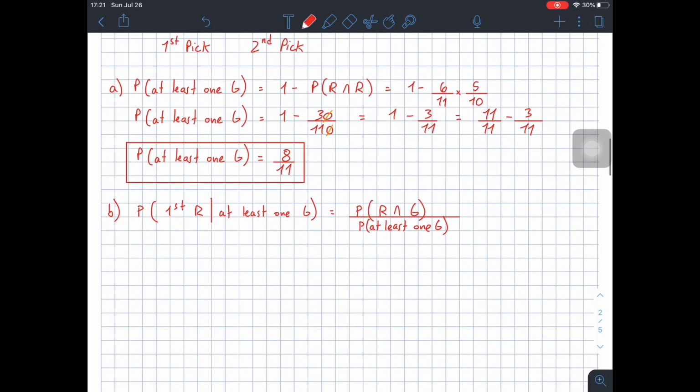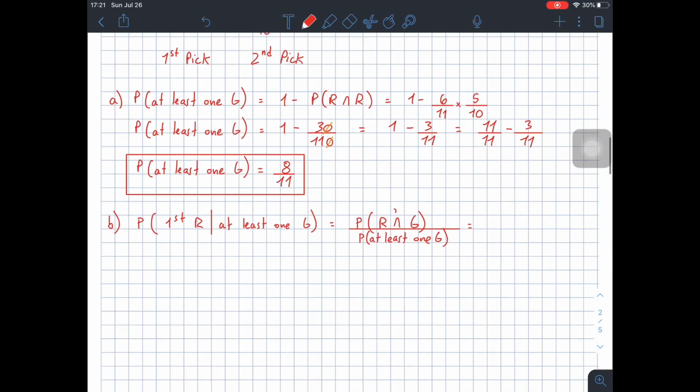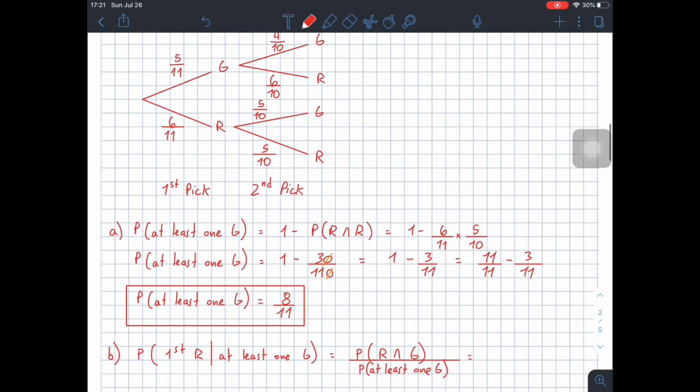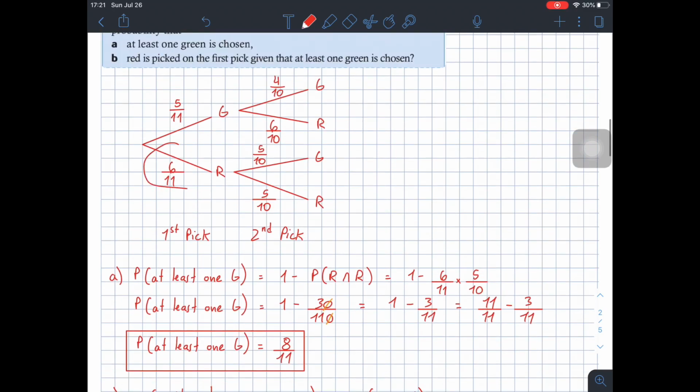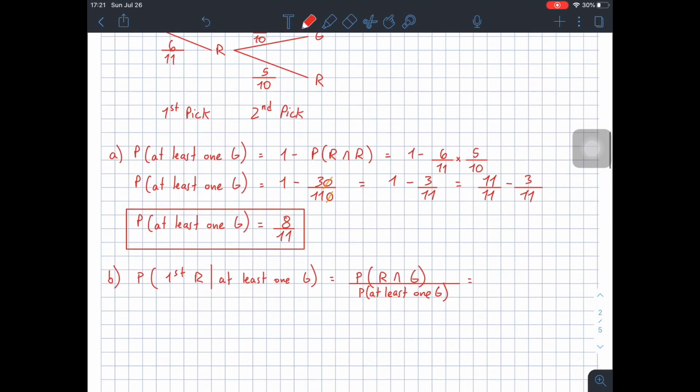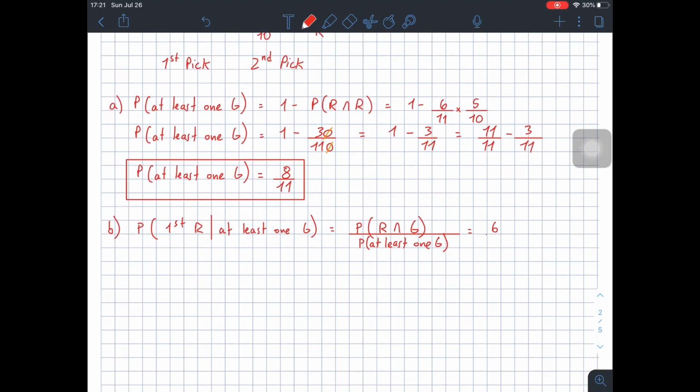Okay, so if we fill in these values, we know that the probability of picking red and green is this path over here, red and then green, right? Remember, red should be our first choice. So this is 6 over 11 times 5 over 10. And this is being divided by the probability of at least one green, which we already found in the previous exercise, which is 8 out of 11.